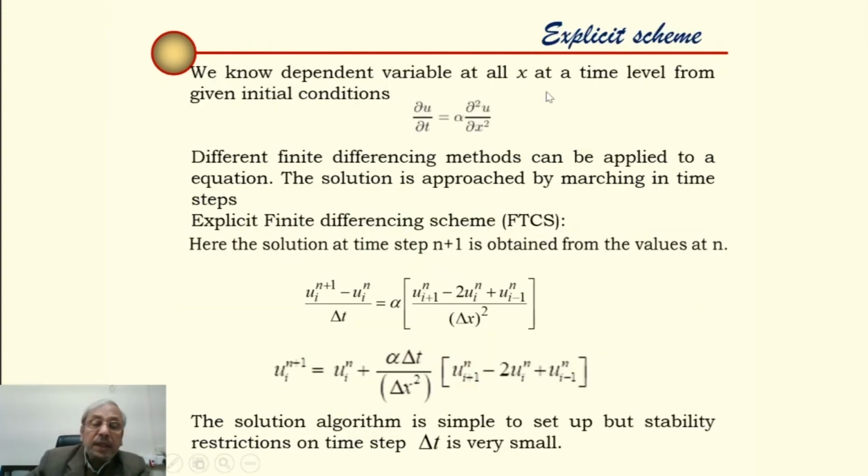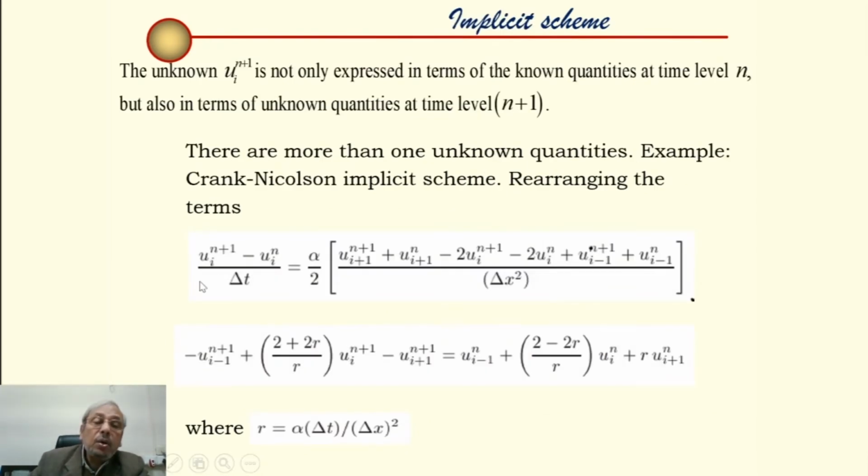That means the left hand side remains the same, but on the right hand side, these derivatives can be expressed at nth level and also n plus 1th level, even though the n plus 1th level values are not known.